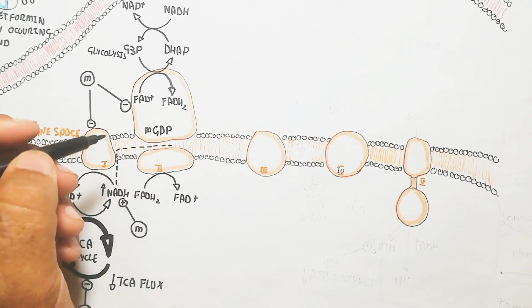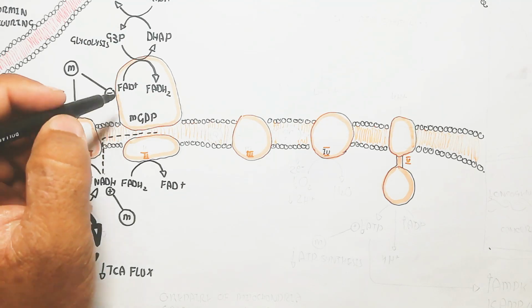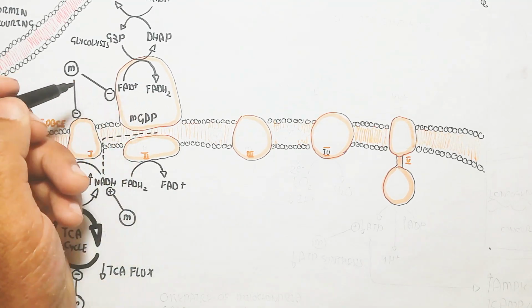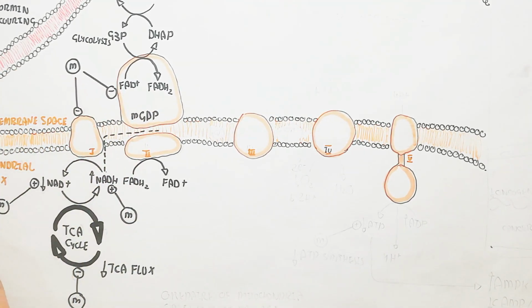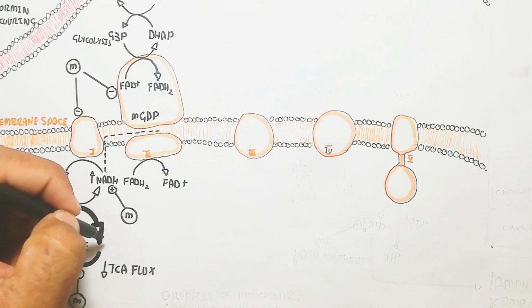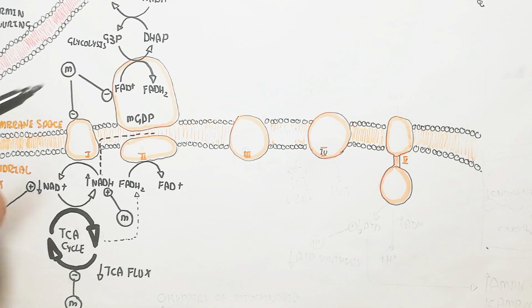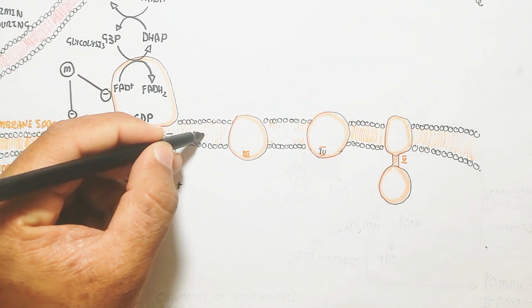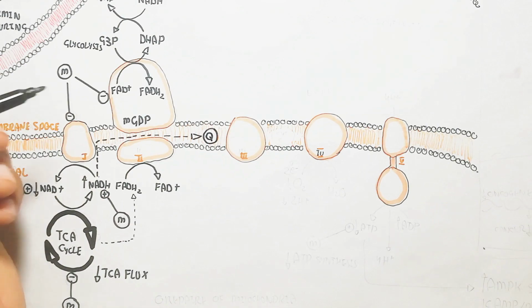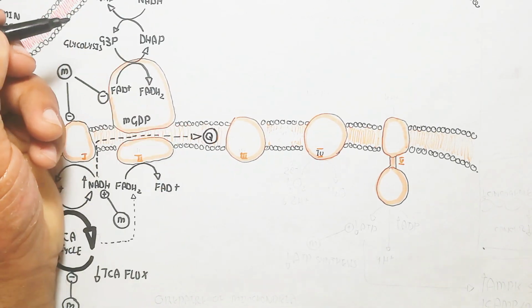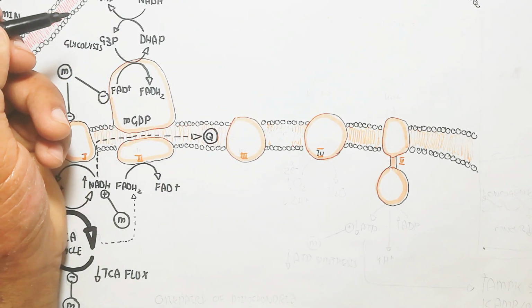In this way, metformin will inhibit. This is the MGDP enzyme, used for the conversion of FAD plus into FADH2 using G3P into DHAP. On the other hand, here is the FADH2. Complex 2 uses FADH2 via the Krebs cycle to produce FAD plus.